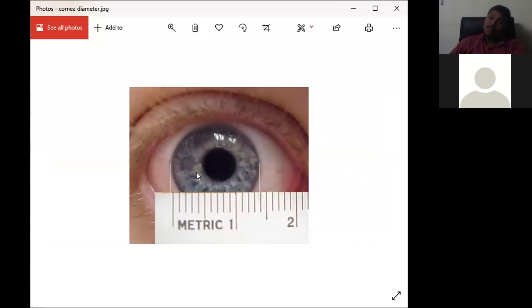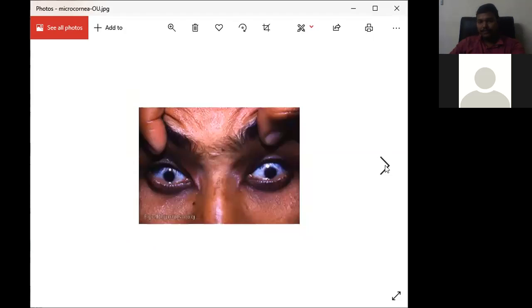Similar enlargement may also happen due to infections or raised intraocular pressure, but there the diameter of the cornea will not change; the bulging will increase. But if the diameter of the cornea is increased, it is a congenital defect. And if it is more than 11.7 mm at birth, it is considered megalocornea, right?